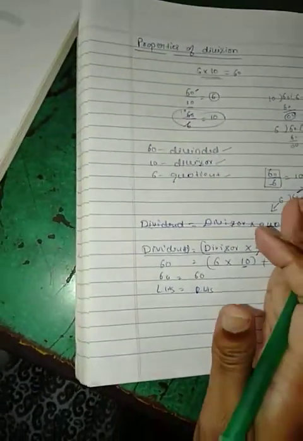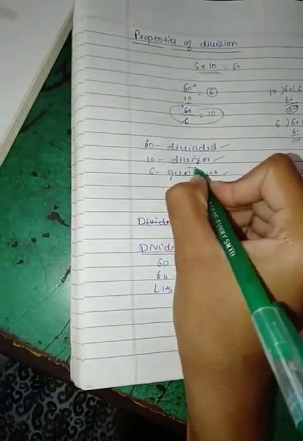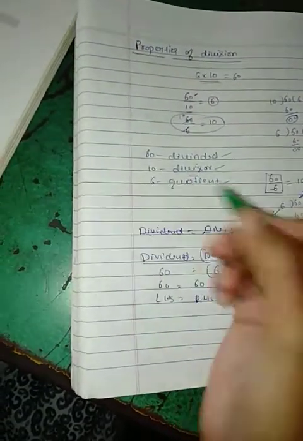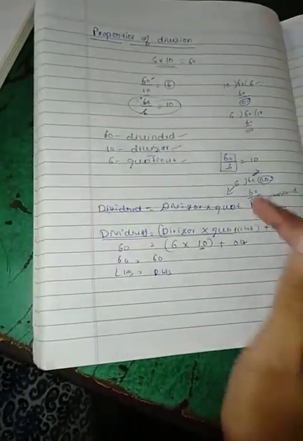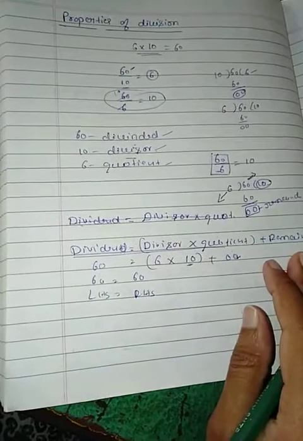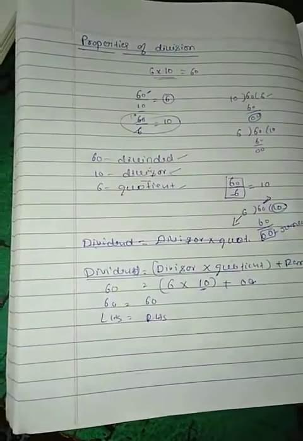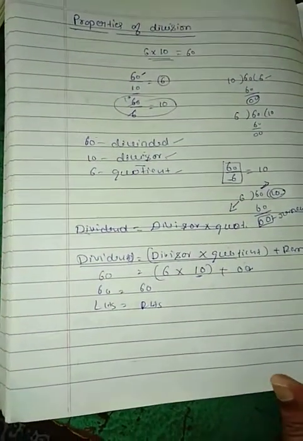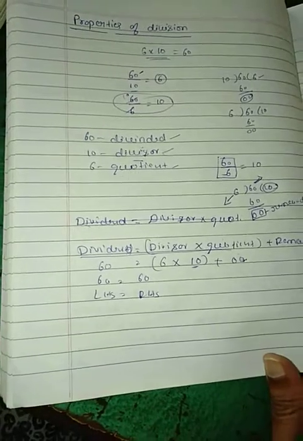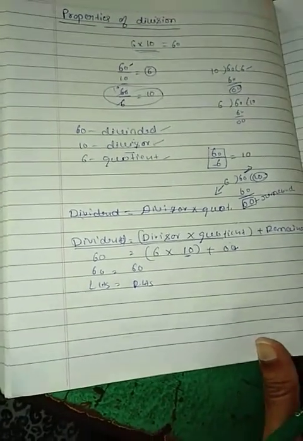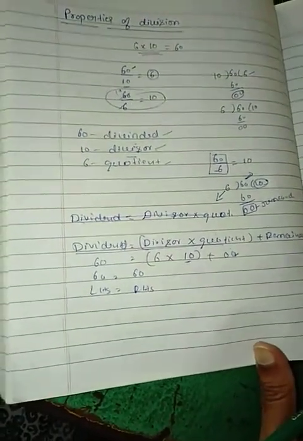The divisor means the number by which we divide the dividend. Okay, so 10 is called the divisor, 6 is called the quotient and 0 is called the remainder. Whatever number is left over after the division is called the remainder.